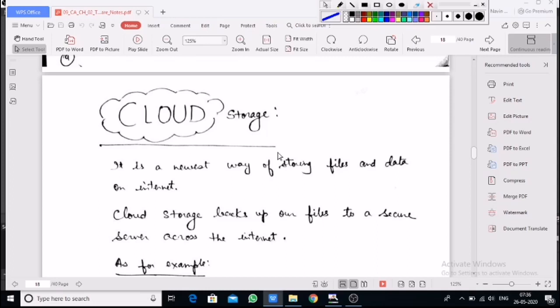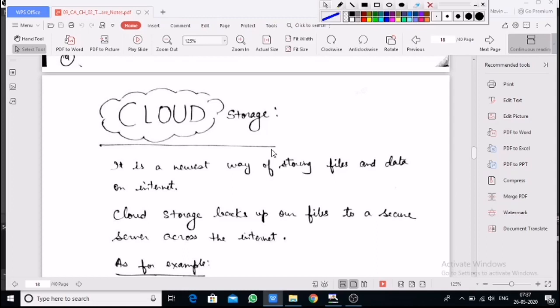The data will be there with all security, and software also will be there. They just provide a password, authenticate themselves, and start using the cloud. Whatever cloud we use is a free service. It gives us 15 GB of free storage, and after that it charges a little amount from us. So that is cloud storage.